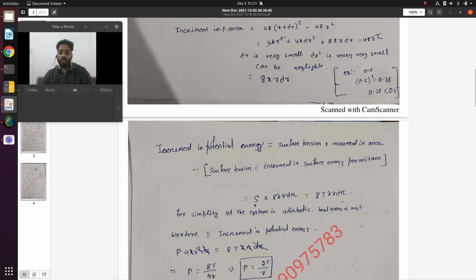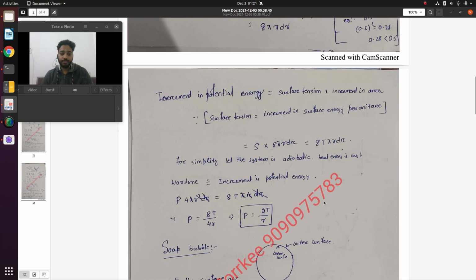So this S is the surface tension and 8 pi r dr is our increment in area. I will just replace S with T for convenient notation in physics. So now I write it as 8 T pi r dr.